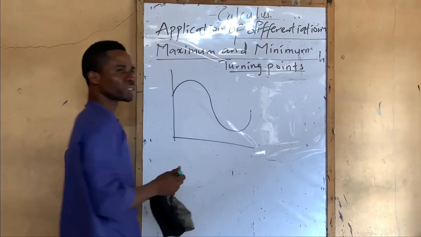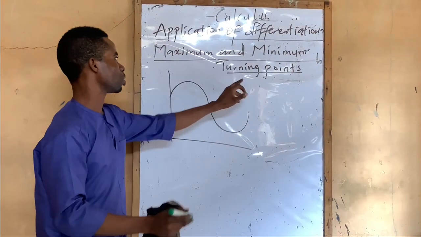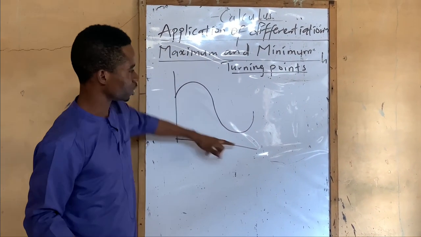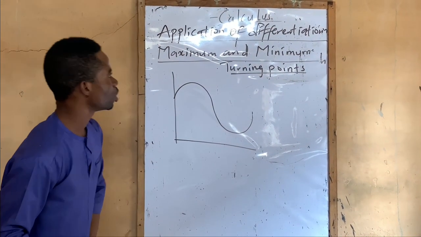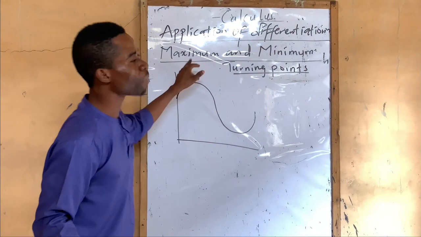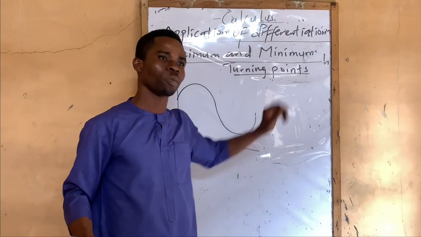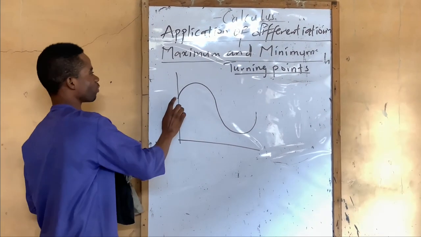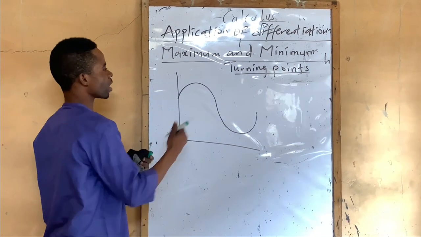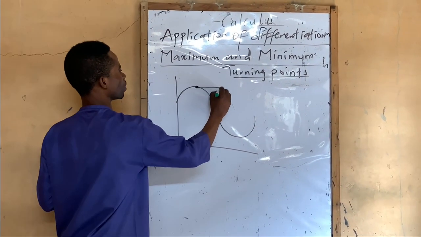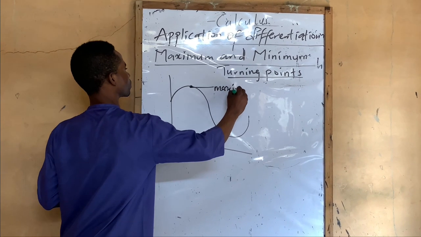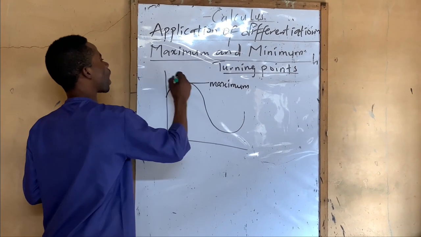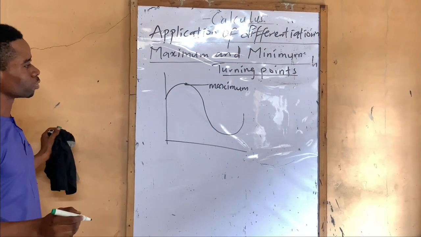Now this turning point is what is divided into two. That's why you have this graph turning. Turning points can either be maximum or minimum. Now, when you see this graph coming up like this, that is maximum. It is maximum here. And how do I know that it's going to be maximum?